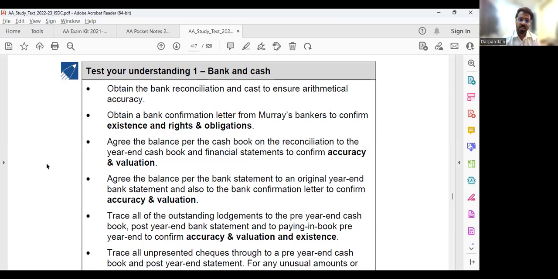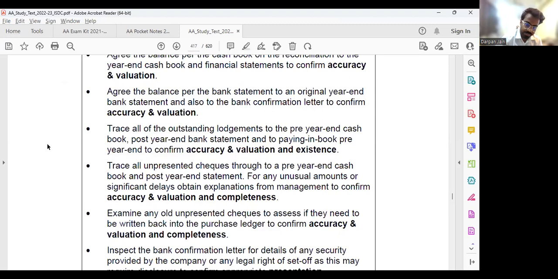Similarly, agree the balance as per bank statement to what? To the year-end bank statement and to the confirmation letter. You are agreeing the balance as per bank statement to the original bank statement and to the banker's confirmation letter.